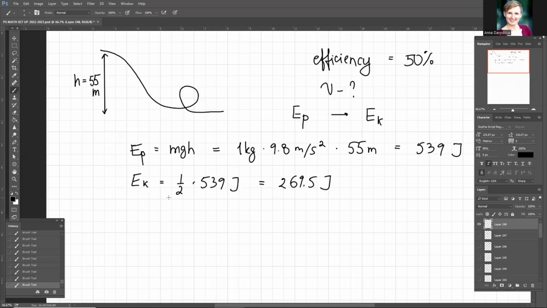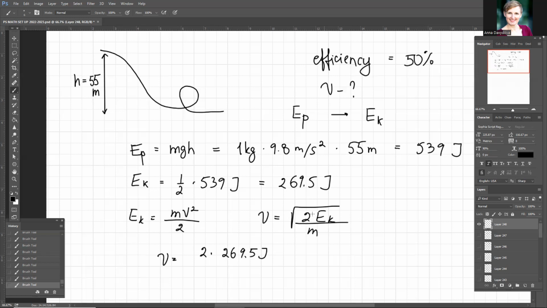And that is what will be used for mv squared divided by 2. V from here, square root of 2 kinetic energies divided by mass. And we will reuse the mass that we invented. So let's see. 2 kinetic energies.